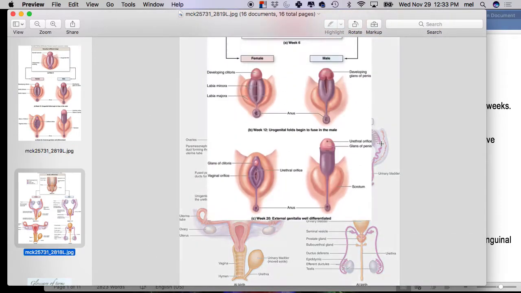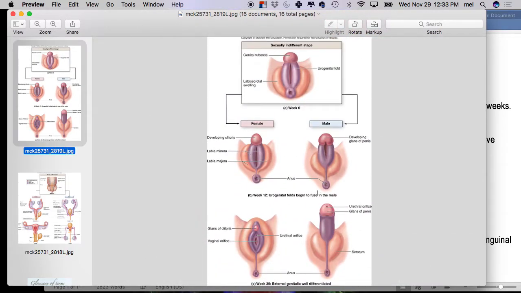This is about week 20. And about week 20, you can see that the glands of the clitoris and the glands of the penis are homologous structures. What is homologous to the scrotum? Labia majora. What is homologous to the skin that forms the shaft of the penis? Labia minora. Does that make sense? Okay, so these are homologous structures.